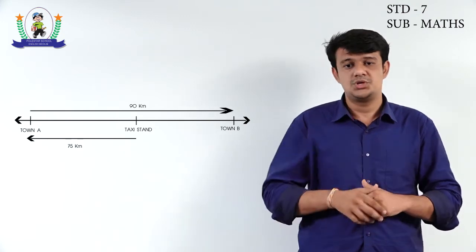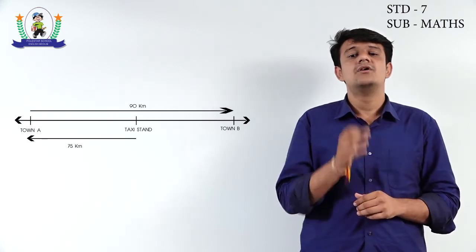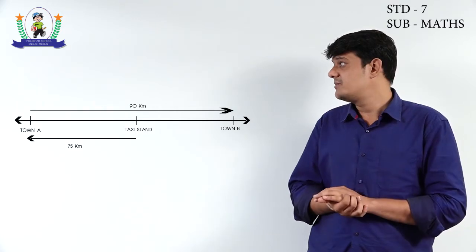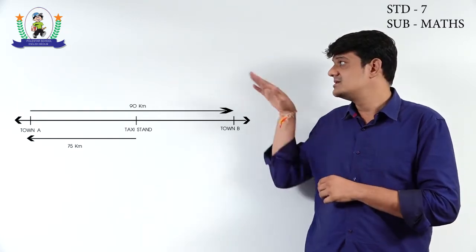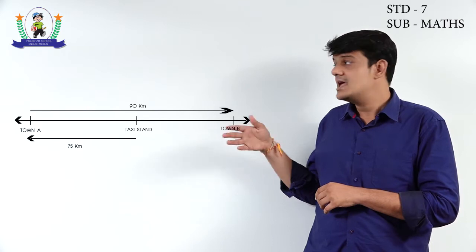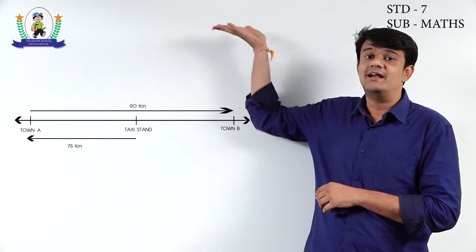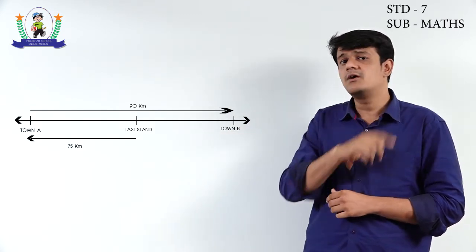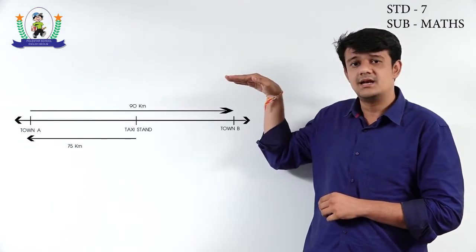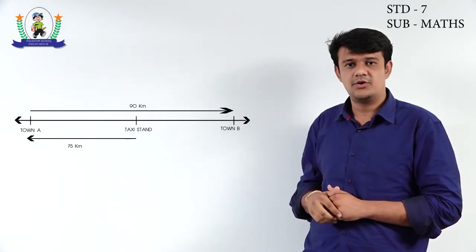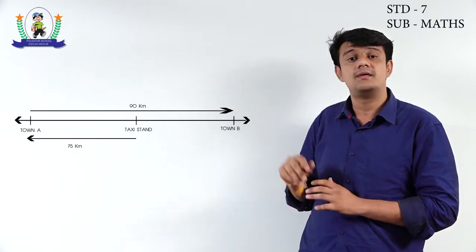Now the first question: how far is he from the stand? See, from the figure you can say that from the stand he went to A. Now moving in the same direction he went to B. Now in this one you can say that from the stand he is somewhere above the point. It means what is the gap between them?